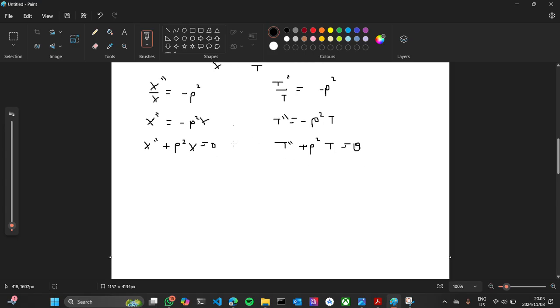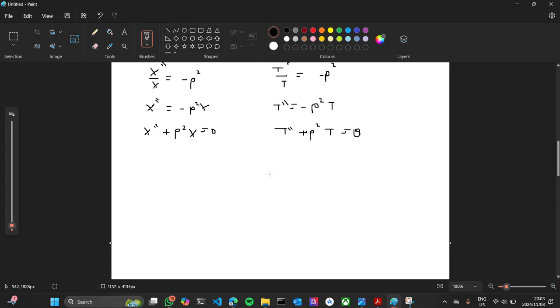Okay, so both of these now are in a standard form, which has a standard solution.